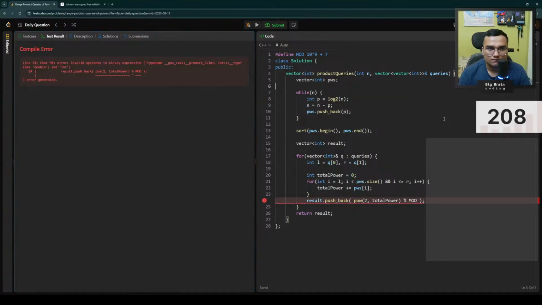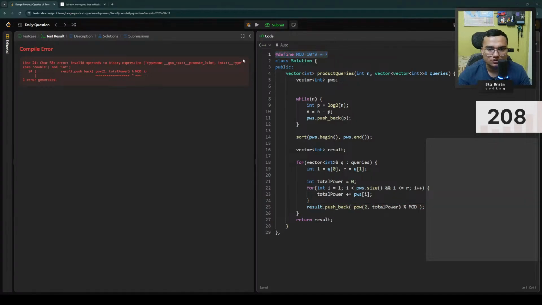How to define? Okay, let's just ask this. Is this correct in C++?